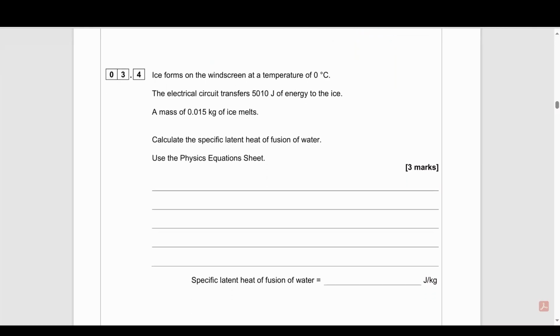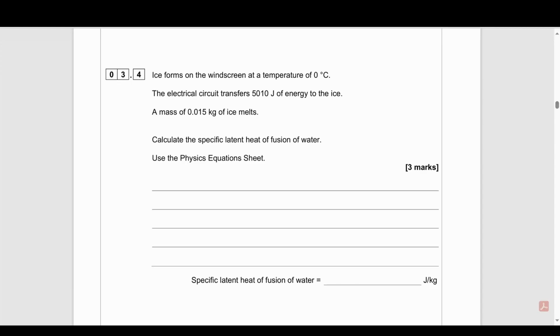Question 3.4. Ice forms on the windscreen at a temperature of 0 degrees. The electrical circuit transfers 5,010 joules of energy to the ice. A mass of 0.015 kilograms of ice melts. Calculate the specific latent heat of fusion of water. Use the physics equation sheet.